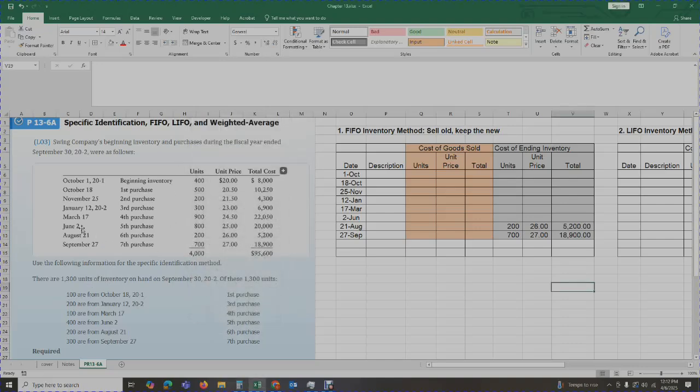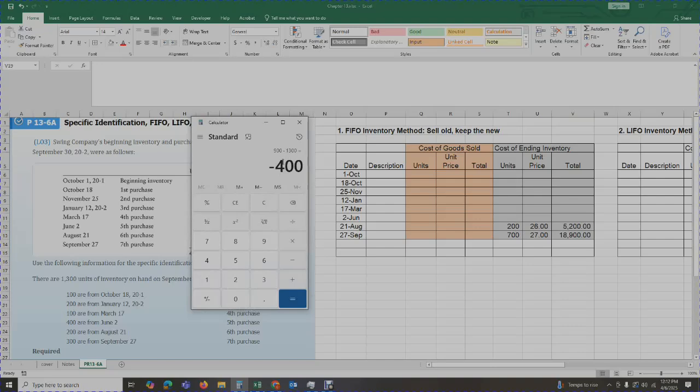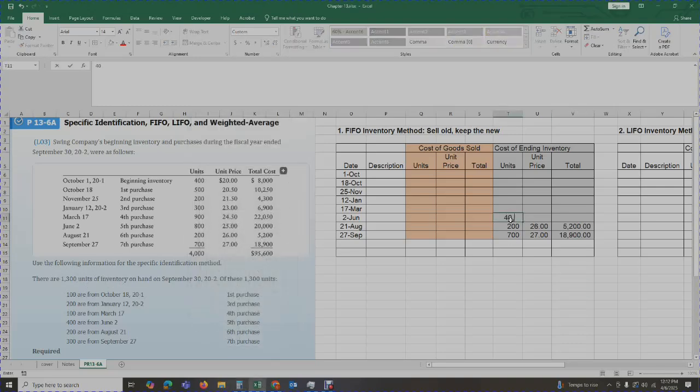So I'm going to look at my next batch, June the 2nd. I've got 800 units. From those 800 units, I only need 400 to complete my 1,300 units in my ending inventory. So I'm only going to pick up 400 units at $25 a piece. That is going to be $10,000.